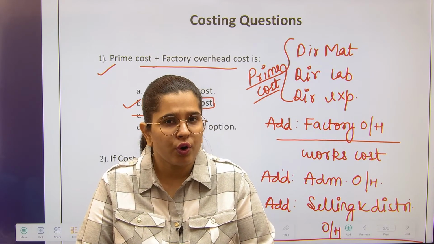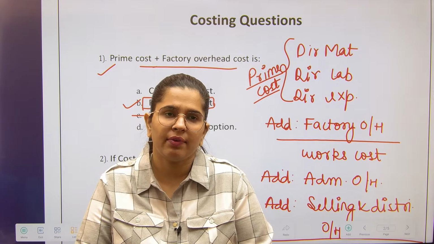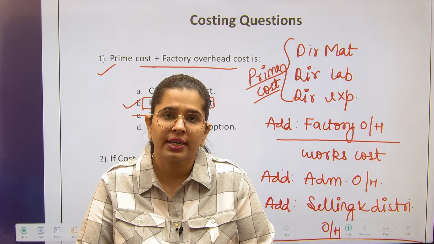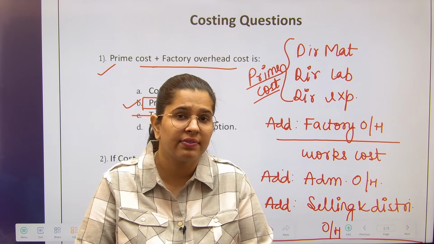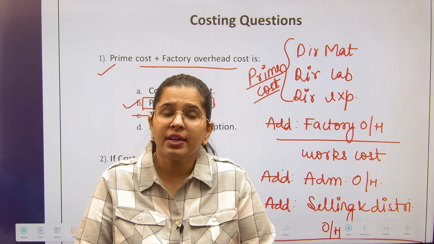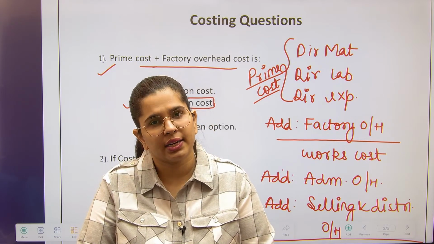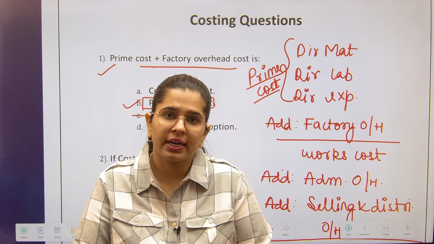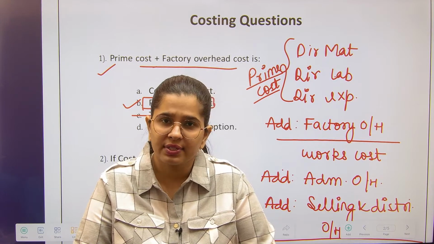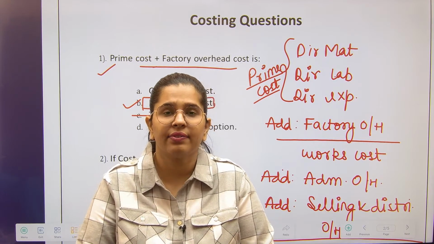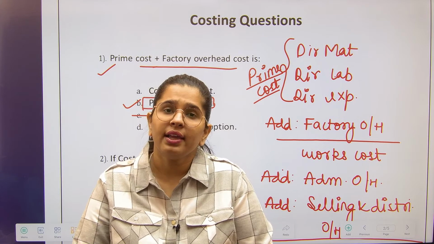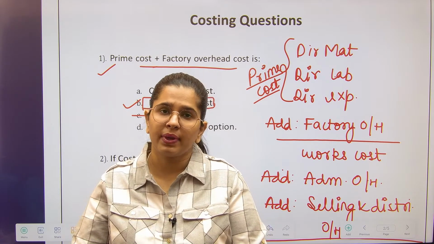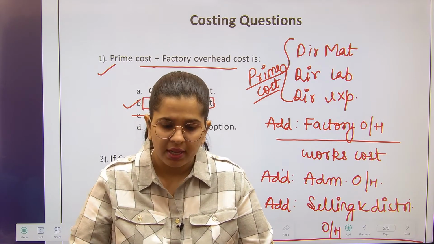You will be given four options, and those four options will be very contradictory with each other or very similar with each other. So it must be very difficult for you to find the correct answer. So the need of the hour is that you should hold a grip over the concepts which you have studied and be clear with what you have studied. Only in that scenario will you be able to choose the correct option, right?